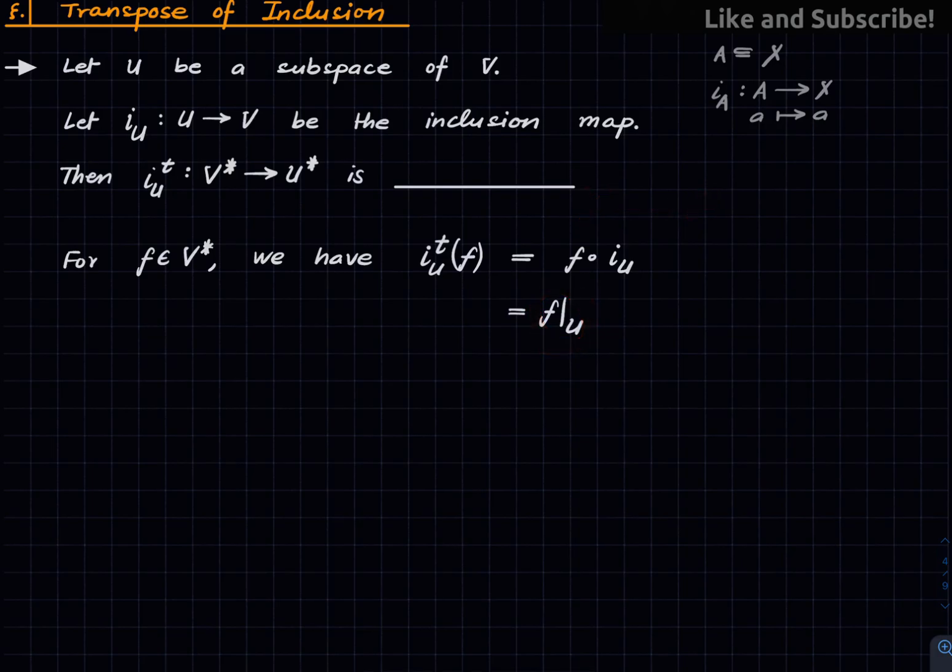So the transpose of the inclusion is restriction. So this is the map. It takes a functional F to the restriction of F to U. It's a very, very simple example, not very illuminating, but it helps.